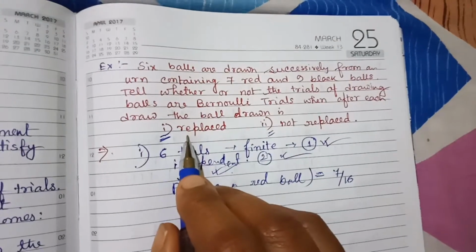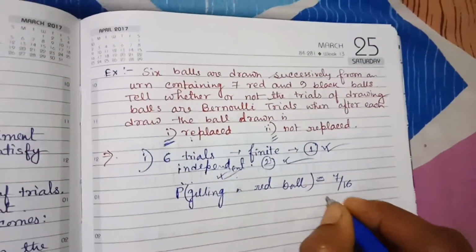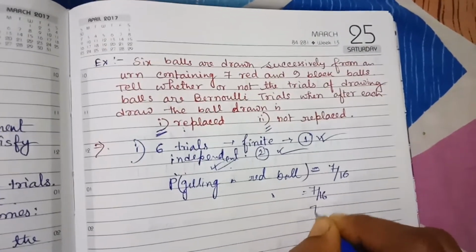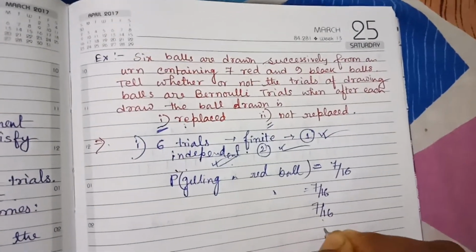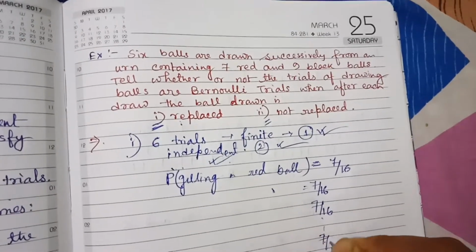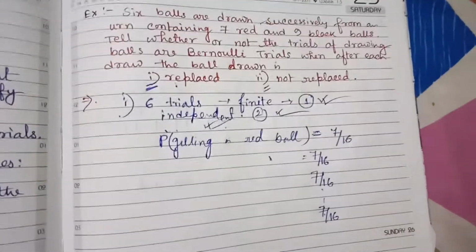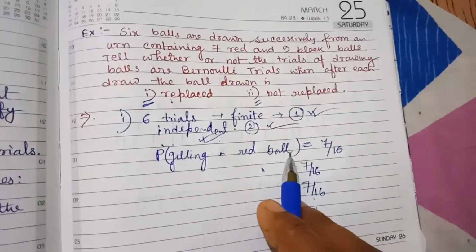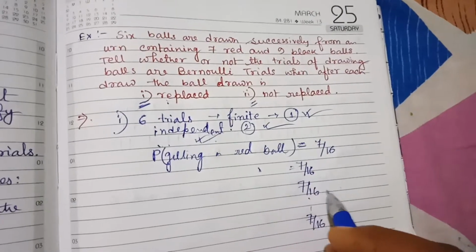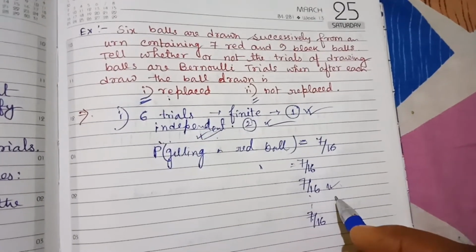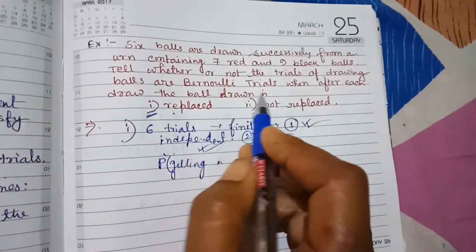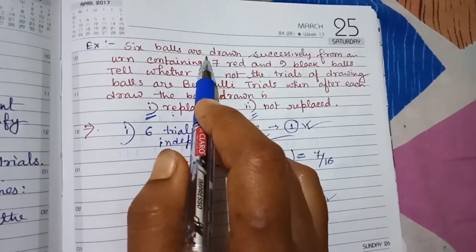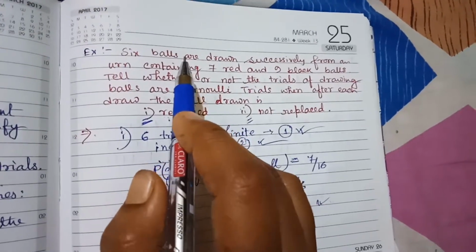Now as the ball is replaced, in the second trial also it will be 7 by 16, third trial also 7 by 16, and in the same way the sixth trial also 7 by 16. That means in all trials the probability of getting a red ball is fixed, 7 by 16, the same. So the fourth condition is also valid. That means if the ball drawn is replaced, then drawing the 6 balls is a Bernoulli trial.